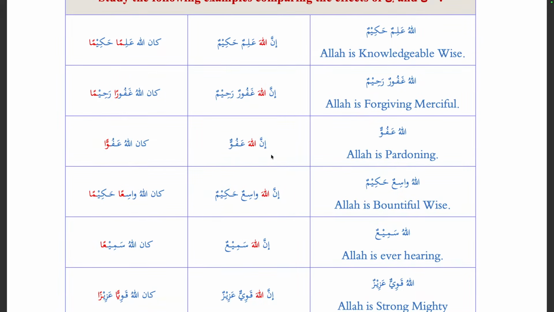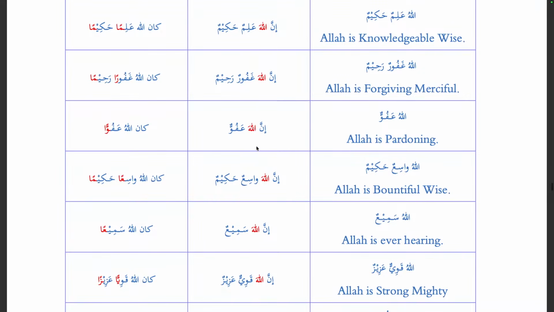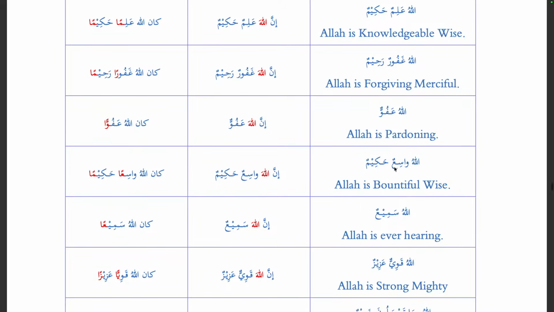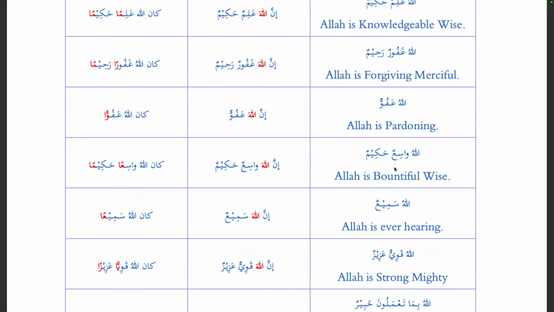Allahu afuun. Allah is pardoning. Inna Allaha afuun. Kana Allahu afuwan. Allahu wasi'un hakim. Allah is bountiful and wise. Wasi'un. Right? All of these words are in Surah Al-Baqarah. Wasi'un means bountiful. Literally wide, meaning wide in his bounty and his wealth and his dominion, his sustenance.